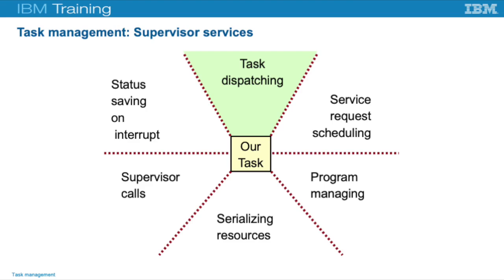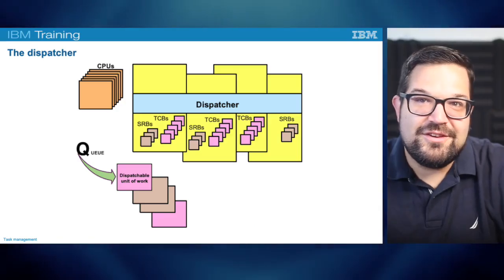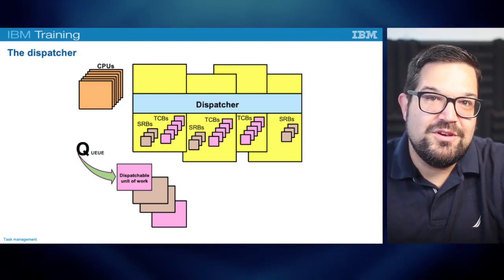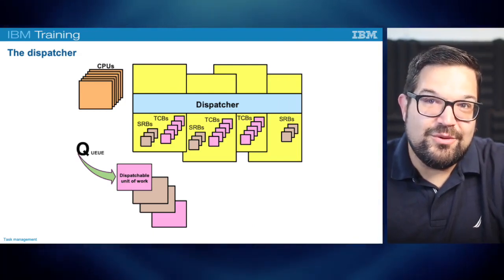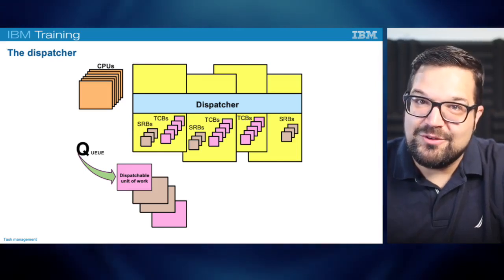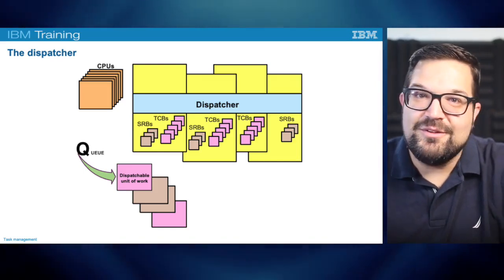In z/OS, this is done on a priority basis, and as you might imagine, the work with the highest priority gets picked first. The dispatcher searches a system's work unit queue, or WUQ, looking for SRBs or TCBs. These are service request blocks or task control blocks. You'll be hearing a lot about those.